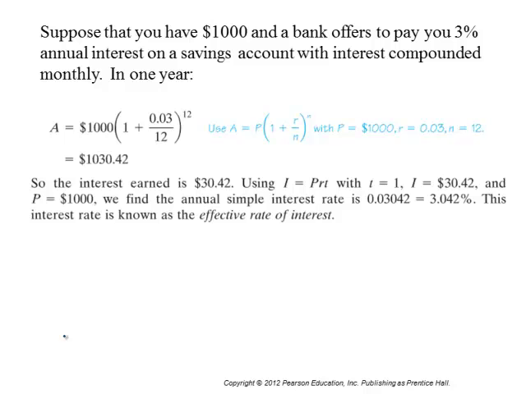All right, so for this problem, we had $1,000 as the principal, 3% APR, compounded monthly, so N equals 12. So that $1 or 1,000, it doesn't really matter what it is. In this case, it's 1,000. This is going to be the balance at the end of 1 year using the compound interest formula.